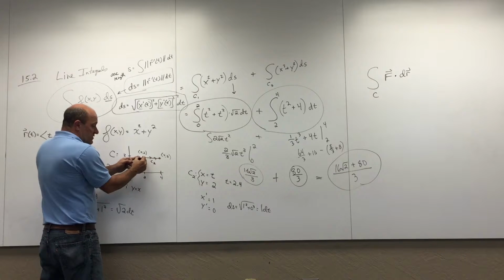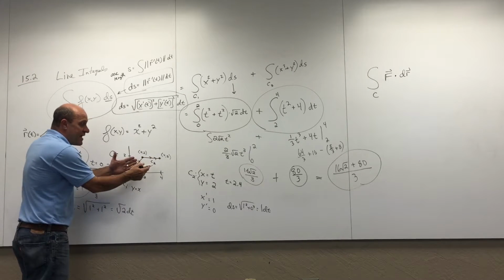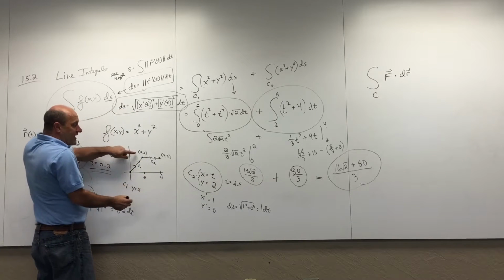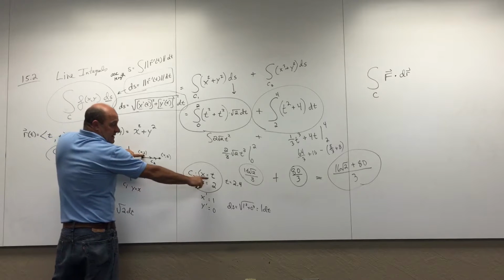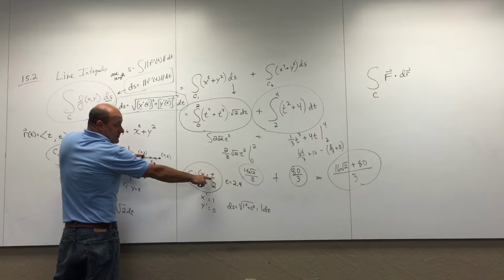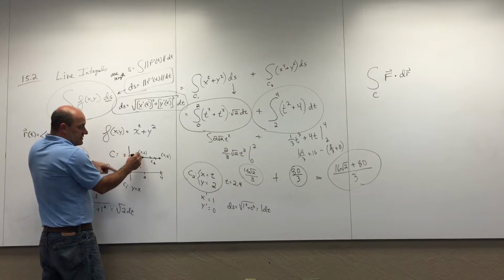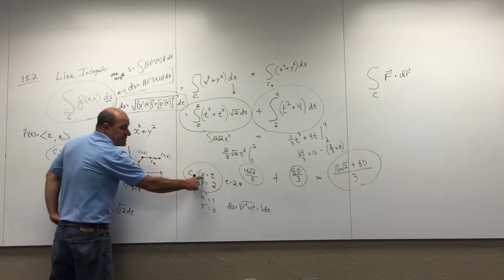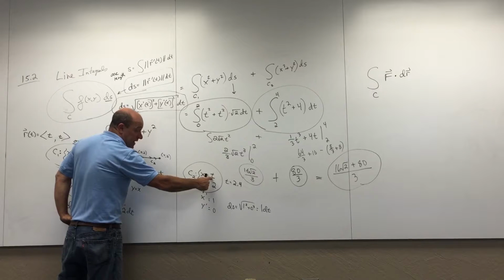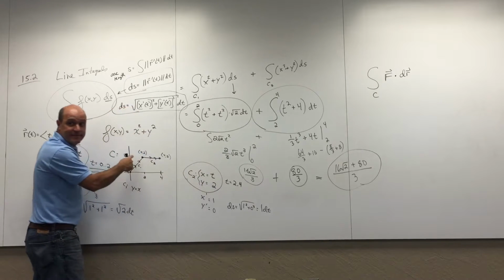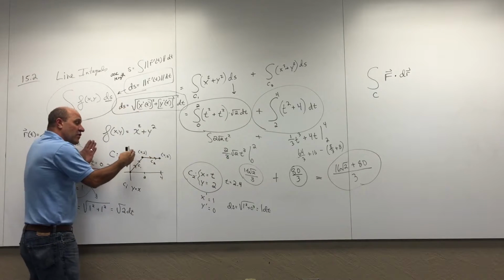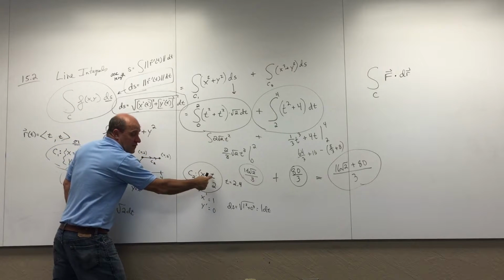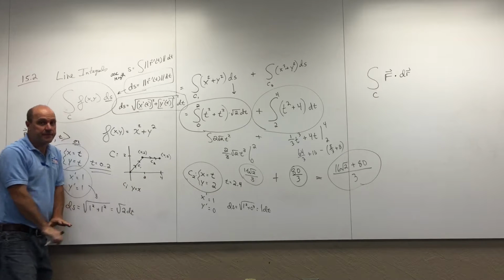When we parameterized it like this, how do I get it to start at 2, 2? To get it to start at the point 2, 2, x needs to start at 2. And if x needs to start at 2, t needs to start at 2 and go to 4. So x has to go from 2 to 4 according to this picture, and therefore t has to go from 2 to 4. Okay.